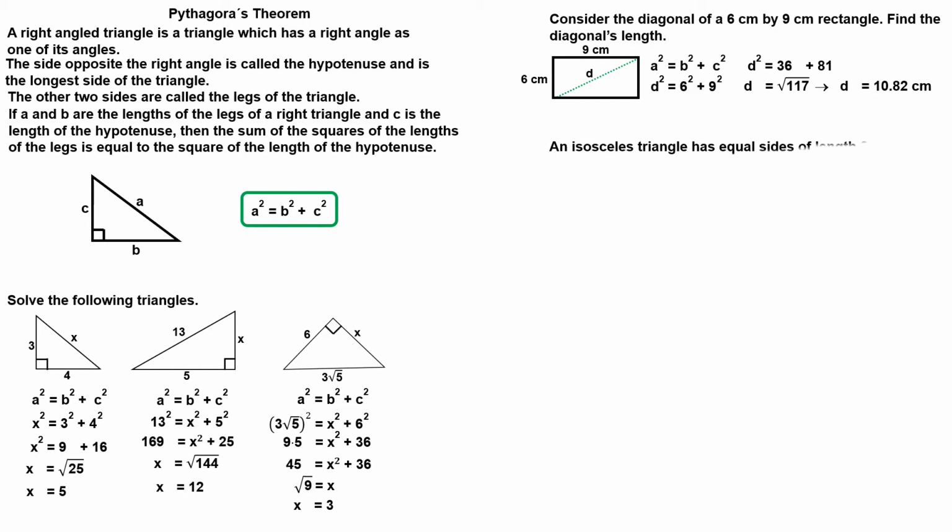An isosceles triangle has equal sides of length 8 cm and a base of length 6 cm. Find the area of the triangle. The height bisects the base at right angles and divides the base into equal parts.